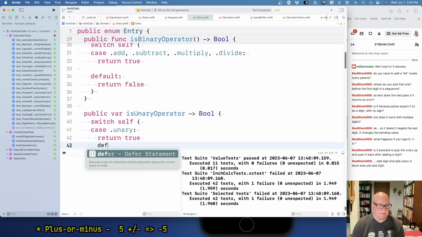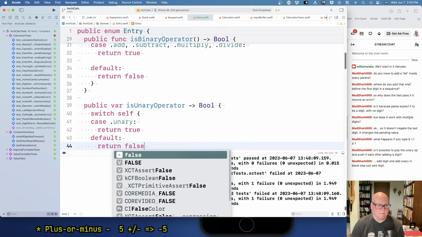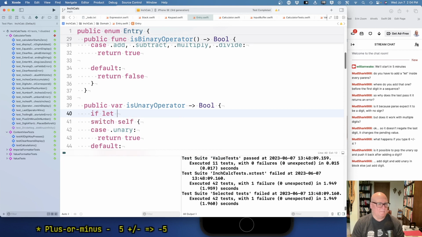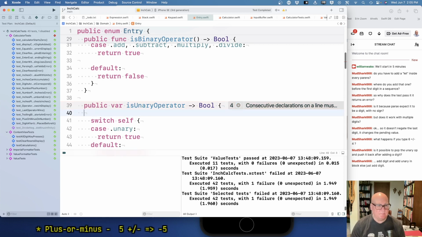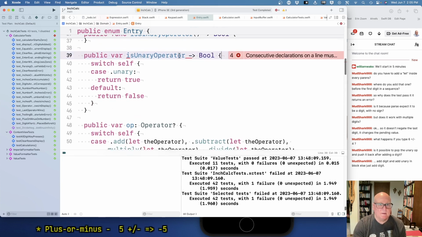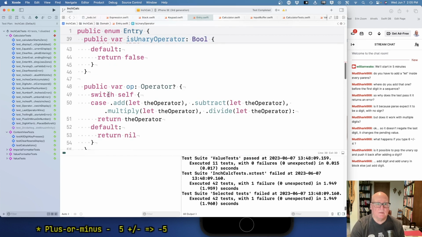No, I can do this better too. Okay. Is a Boolean? All right.